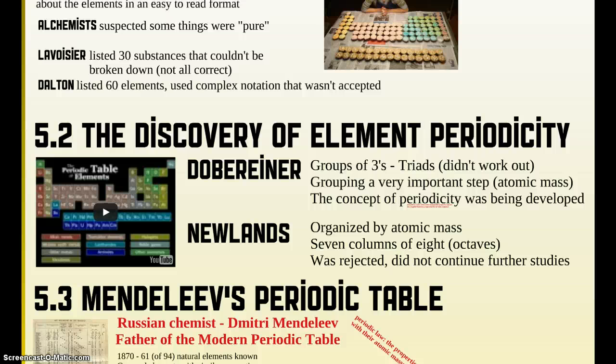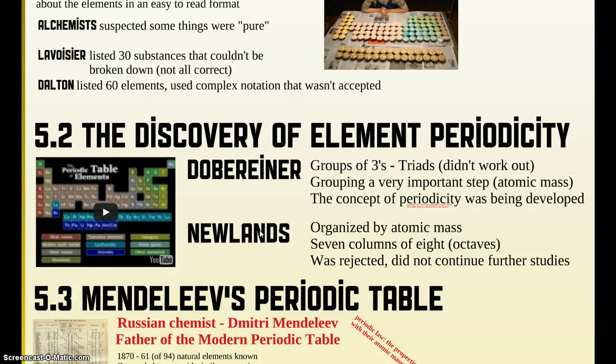Tri means three, so these were groups of three. It turns out that that didn't quite work, but what was important is that he started with atomic mass, and then he grouped them by properties.